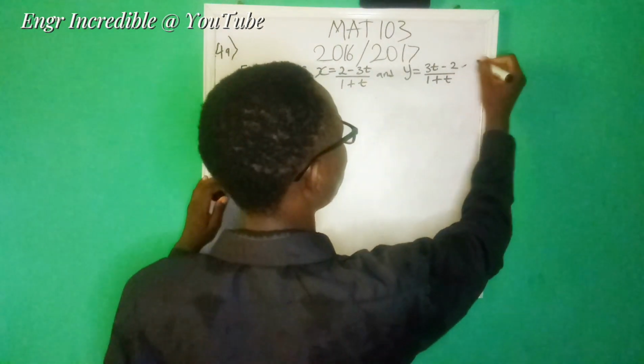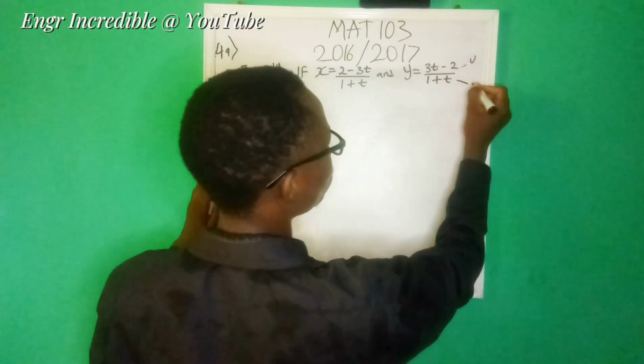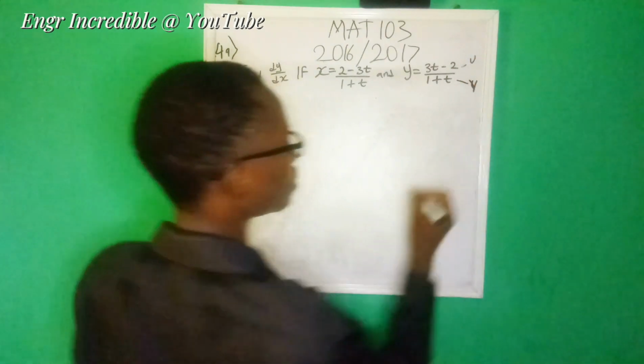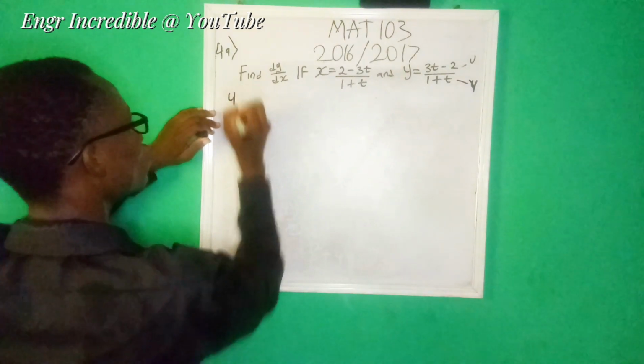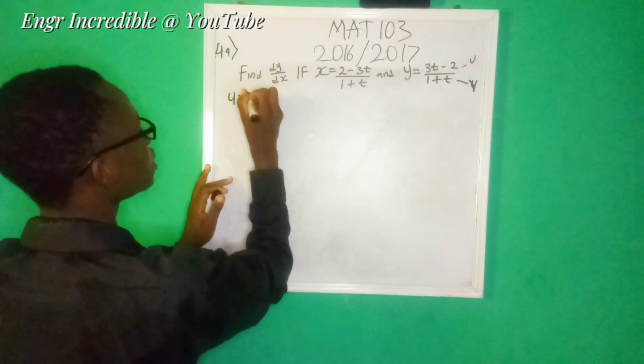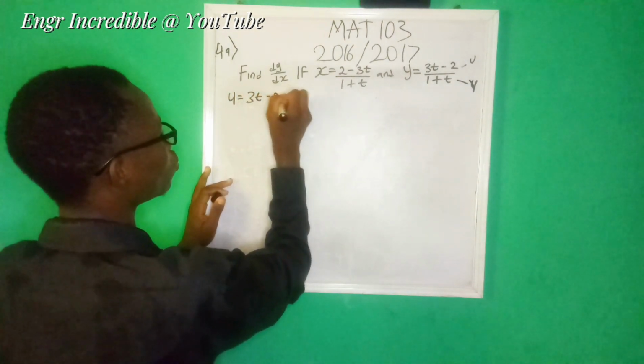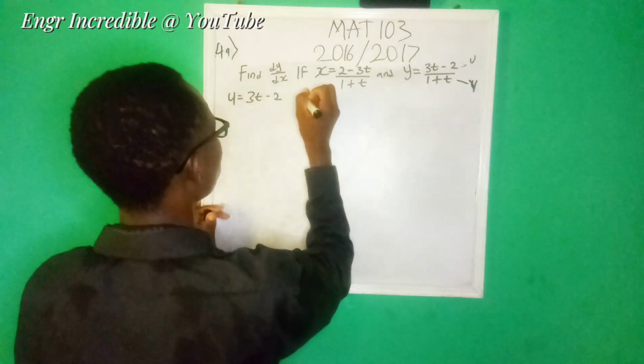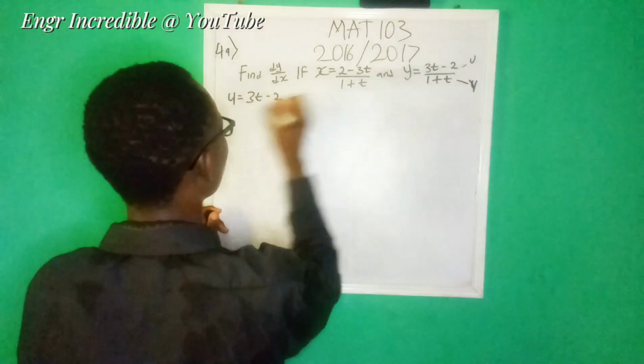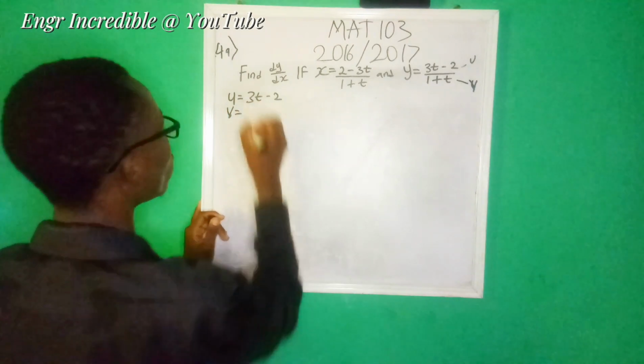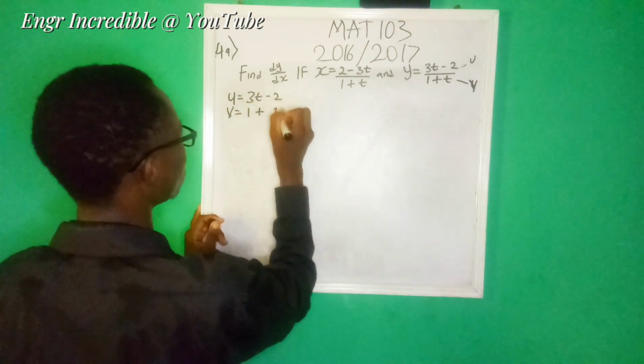We pick this as our u, we pick this one as our v. So that means our u is equal to 3t minus 2, then our v is equal to 1 plus t.